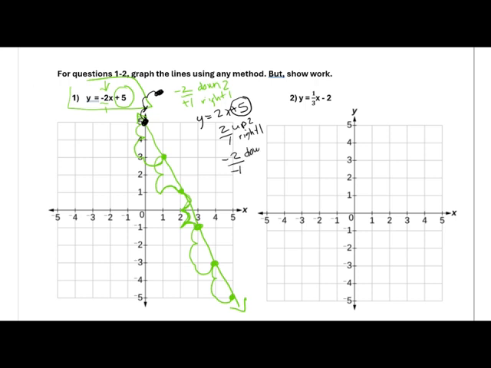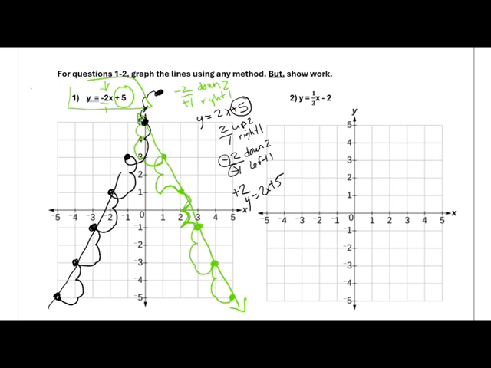That means down 2, left 1. And when I do that, I'm still following that same kind of procedure. And this works, down 2 to the left 1, because a negative divided by a negative is a positive, and I still get the positive slope of 2 when it's y equals 2x plus 5.